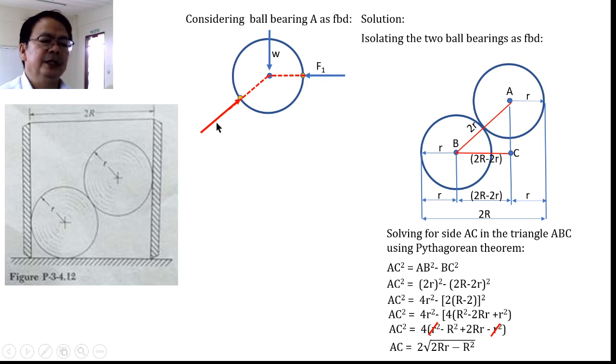So I'll just be calling it as FAB. The force exerted upon A of the ball bearing B. And we would expect that this force exerted by the ball bearing B upon A is inclined at an angle theta with respect to the horizontal. Okay, angle theta na yan, na kung saan yung theta na yan will be taken from here. This value also, ano? Okay.